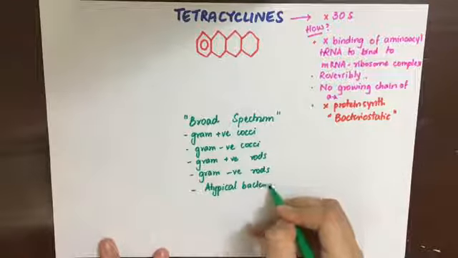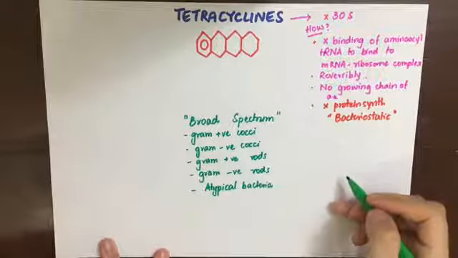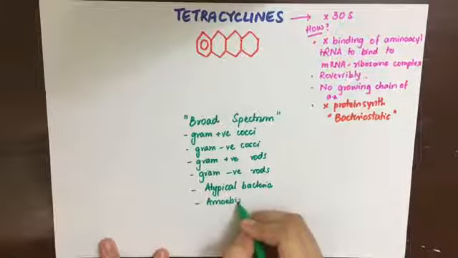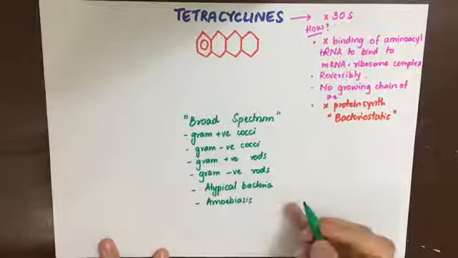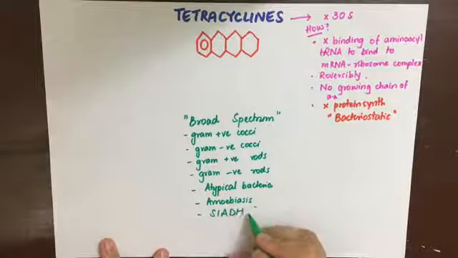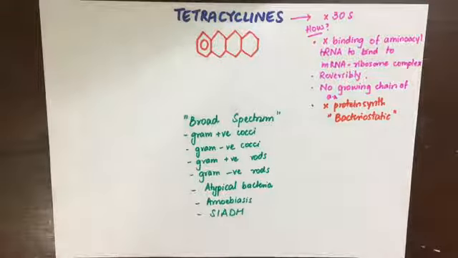They can also be used in amoebiasis, leprosy, and one non-antimicrobial use is syndrome of inappropriate ADH secretion. Actually, demeclocycline is not used as an antibiotic because it has nephrotoxicity and it will block ADH receptors, so it can be used in syndrome of inappropriate ADH secretion to oppose the ADH activity.